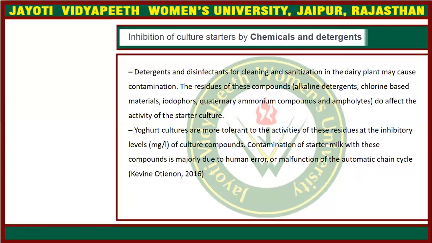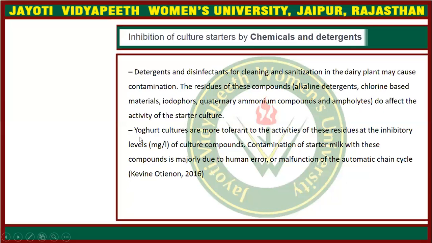The residues of these compounds include alkaline detergents, chlorine-based materials, hydrophores, quaternary ammonium compounds, and some ampholytes. These are undesired compounds, and they can inhibit the growth of microbial culture.